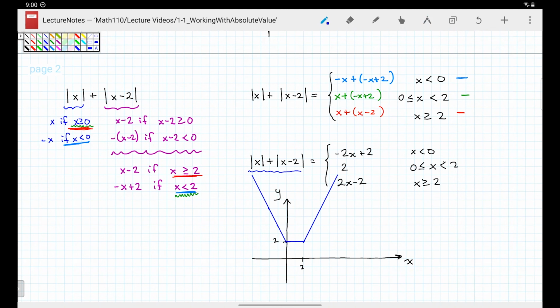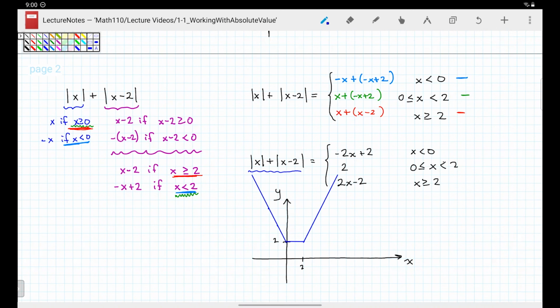I can tell you, I do not have the skills to figure out right now how I would start with the graph and come up with that sum of absolute value functions, but that could be a fun challenge.